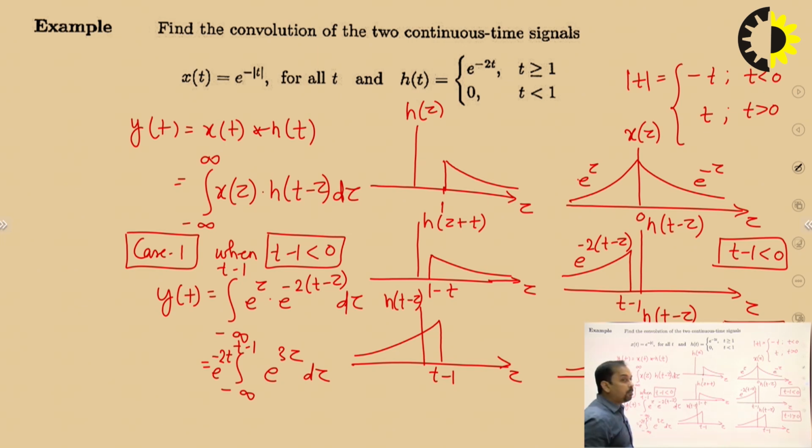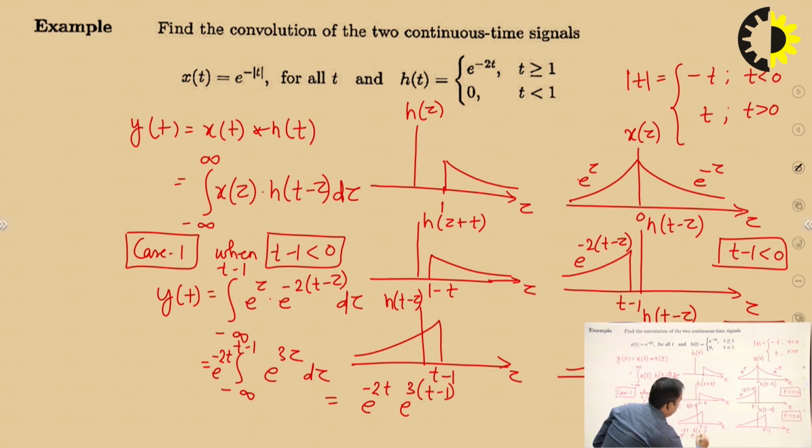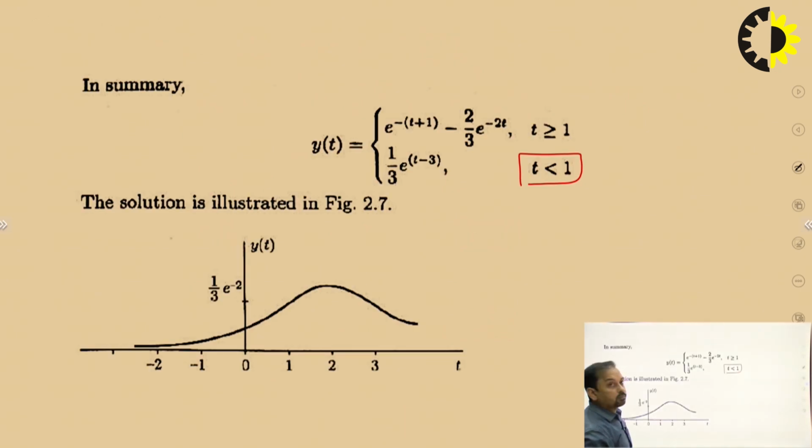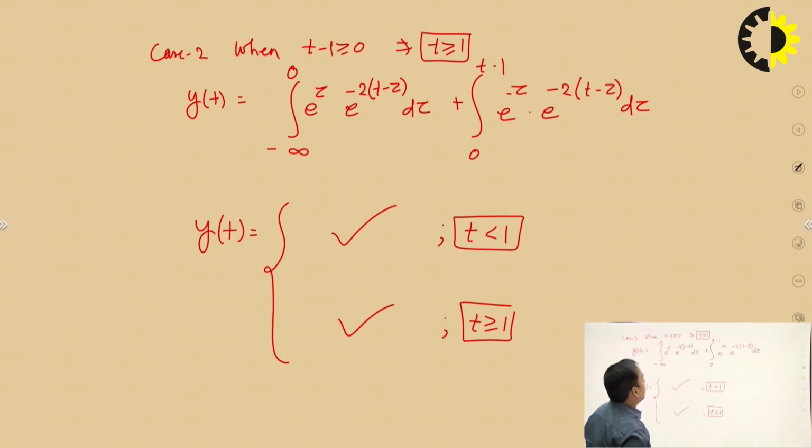So e raised to power minus infinity definitely becomes 0, and you will be having e raised to power minus 2t outside and e raised to power 3 (t minus 1) whole divided by 3. So clearly you will be having the same answer, 1 by 3 e raised to power t minus 3.